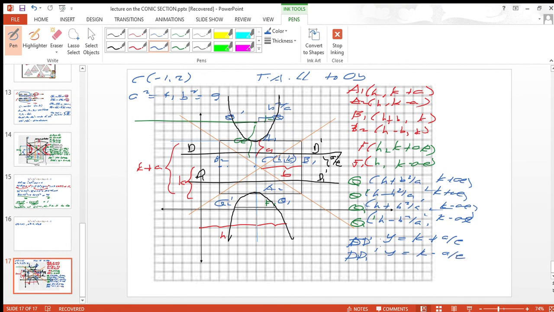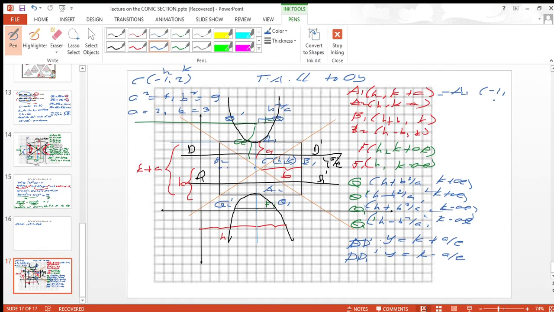Which means our A1 will be at H. What is H? H is minus 1, K is 2. Our A is 2, our B is 3. Our H is minus 1, our K is 2. So K is 2 plus A, 2 plus 2, 4. And then A2 will be at minus 1, 2 minus 2, 0.